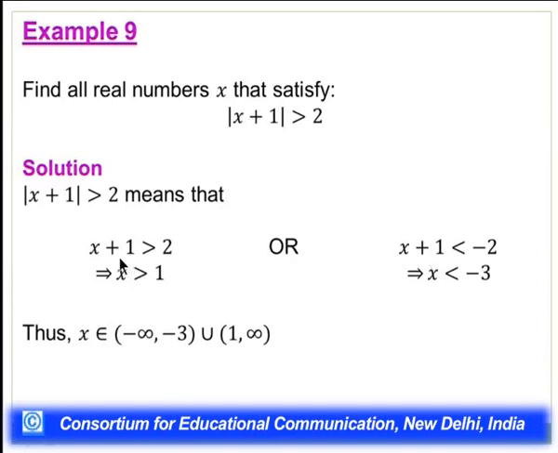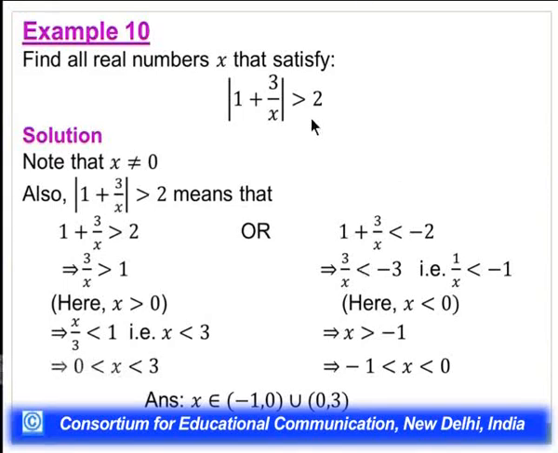Now if we solve for the inequality on the left, we get x is greater than 1, and the inequality on the right gives us x is less than minus 3. So our solution will be x greater than 1, so 1 to infinity, or x less than minus 3, that is x lies between minus infinity to minus 3, the union of these two intervals.